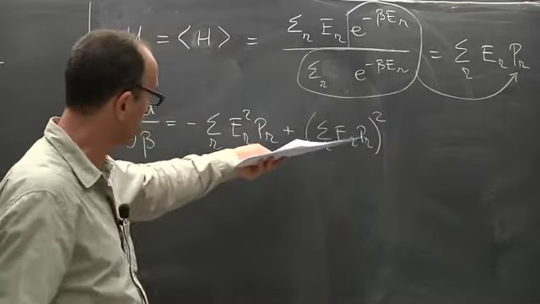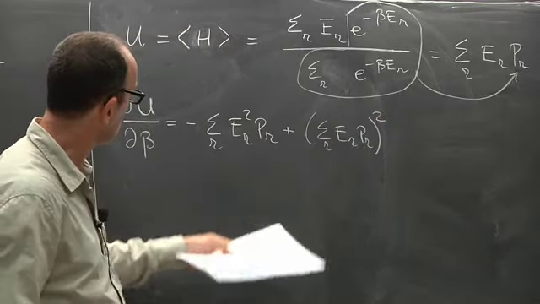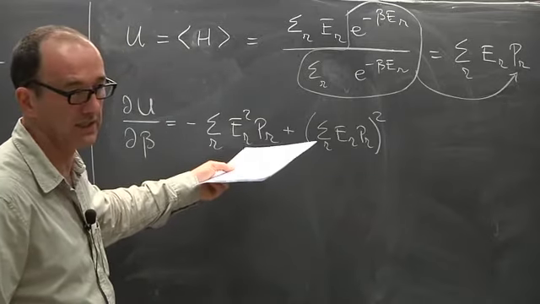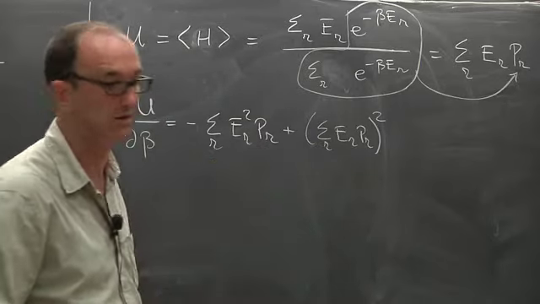And now you look at this equation, and you find that this is really the variance of the energy, with a minus sign. Okay?